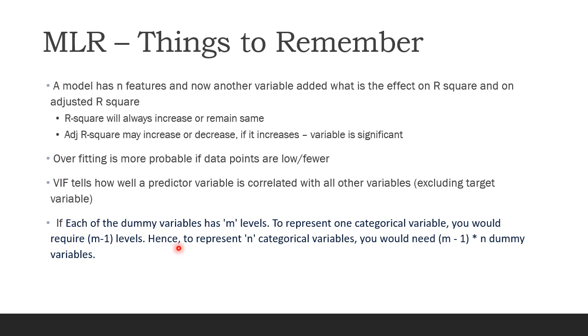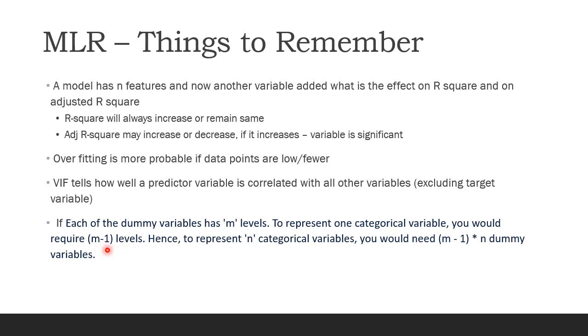Now, this is again another food for thought kind of statement. If a dummy variable has m levels, say we saw that fruit has apple, orange, and say another category, guava. So that dummy variable has three levels. To represent one categorical variable, you would require m minus 1 levels. That means we just need two levels to predict.